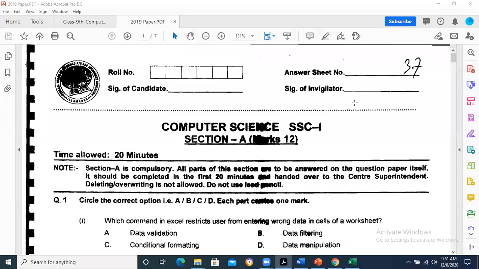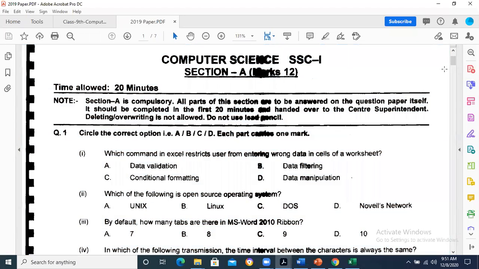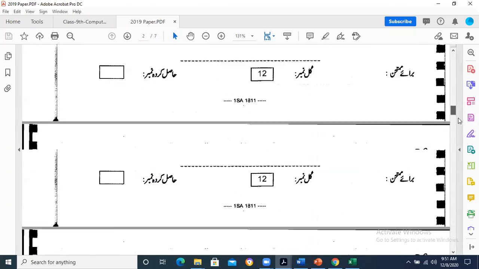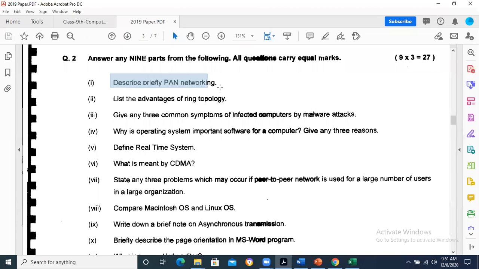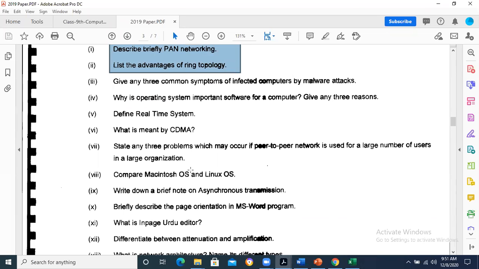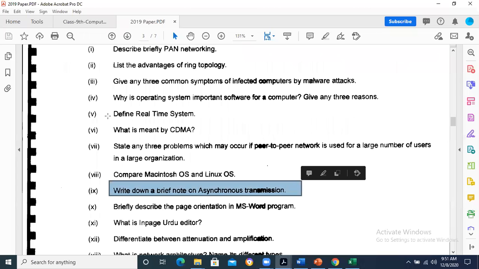Just like take the example of this paper, come to the B and C section. You will see that a number of points are there from chapter 4 and chapter 5.